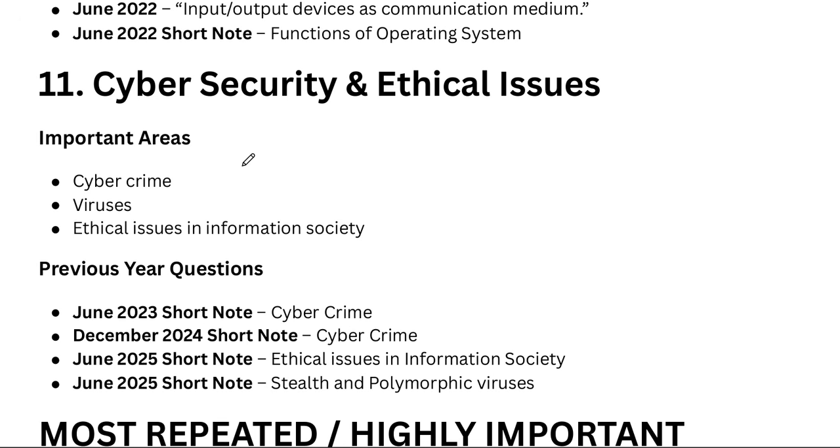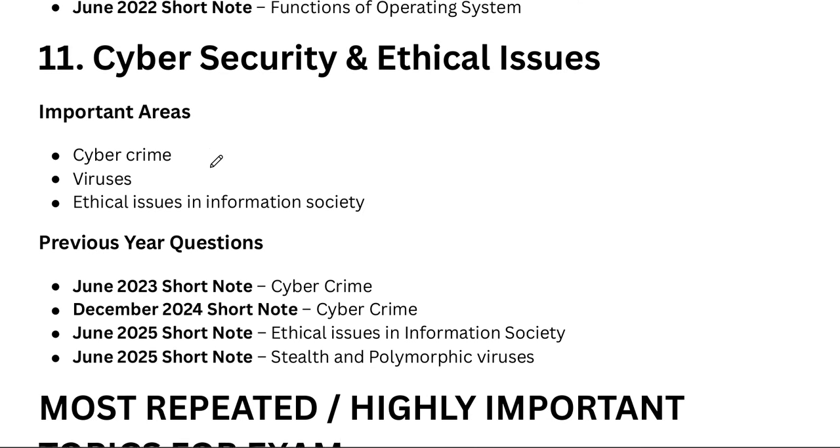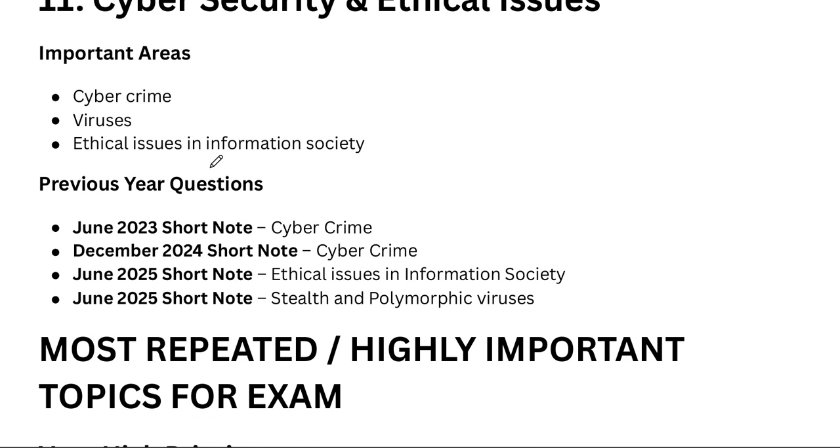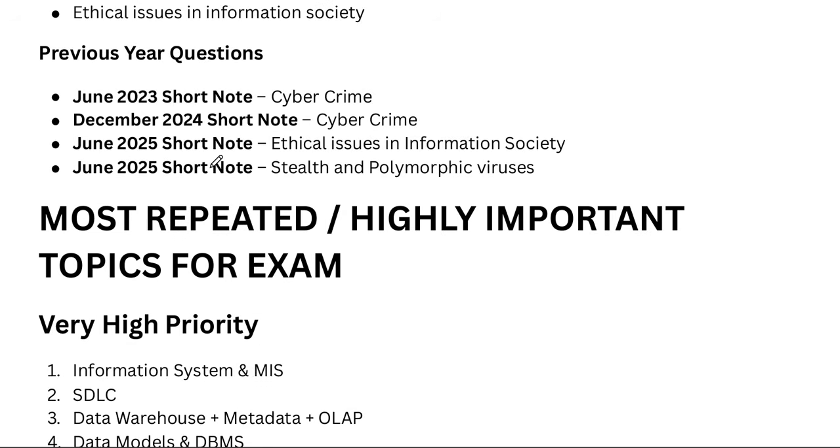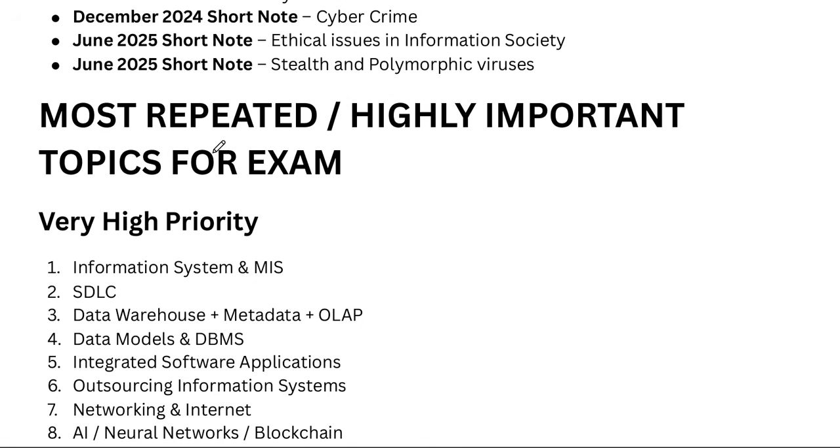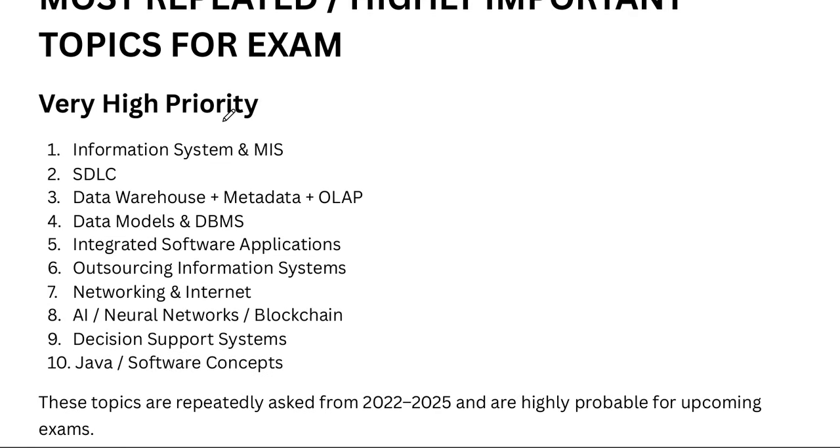There are so many ethical issues happening all around us. So we should know what is a cyber crime, what are viruses, and what are the ethical issues in information society. Right now I am giving you the very high priority questions; you should learn these, and only then go for the exam.